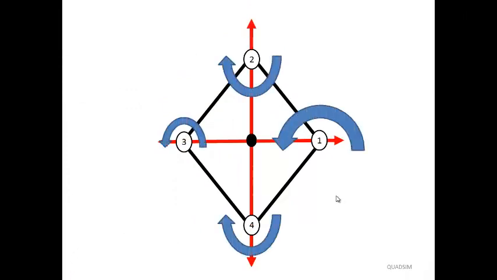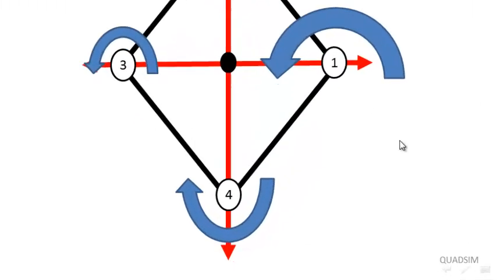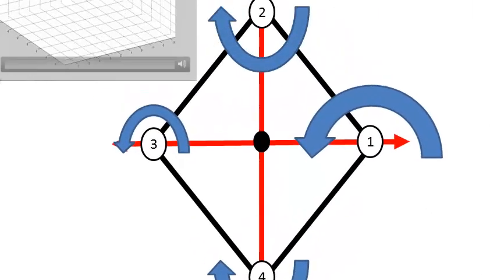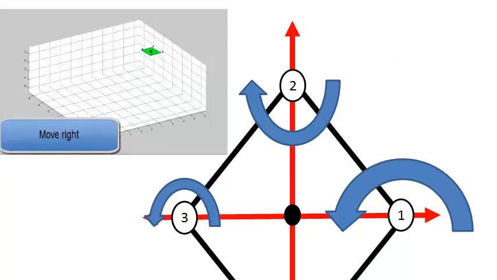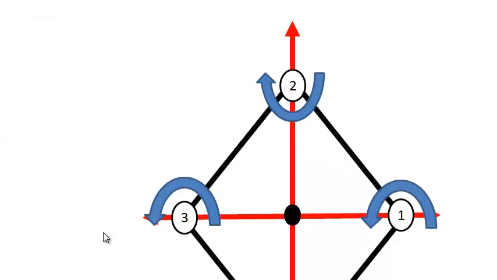What about this shape of changing of thrust forces? We move right or left. Please see it in this animation. You can see when we change the thrust forces with this shape, we can move right or move left.